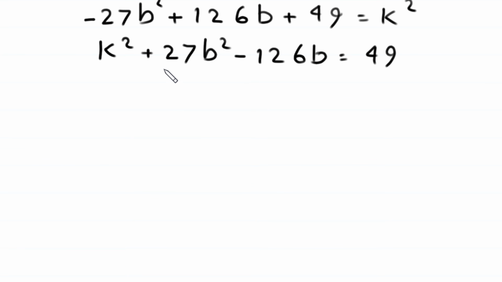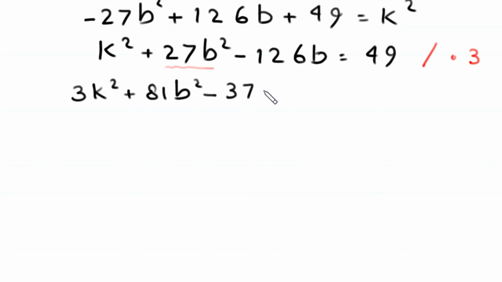Now to make this 27b squared a perfect square, we multiply the whole equation by 3. So this will become 3 times k squared plus 81 times b squared minus 378 times b equal to 147.